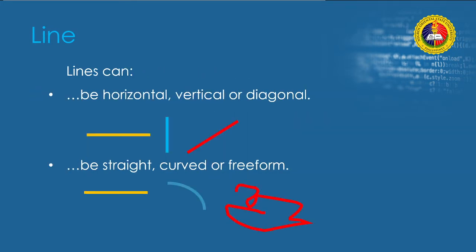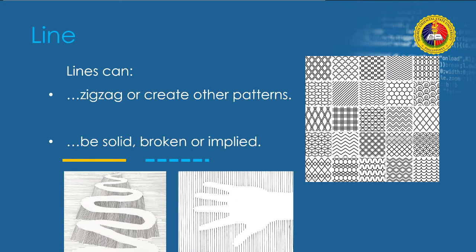Now, in graphic design, we can use lines that are horizontal, vertical, and diagonal. Lines can be straight, curved, or freeform. Lines can be zigzag or create other patterns, and lines may be solid, broken, or implied.